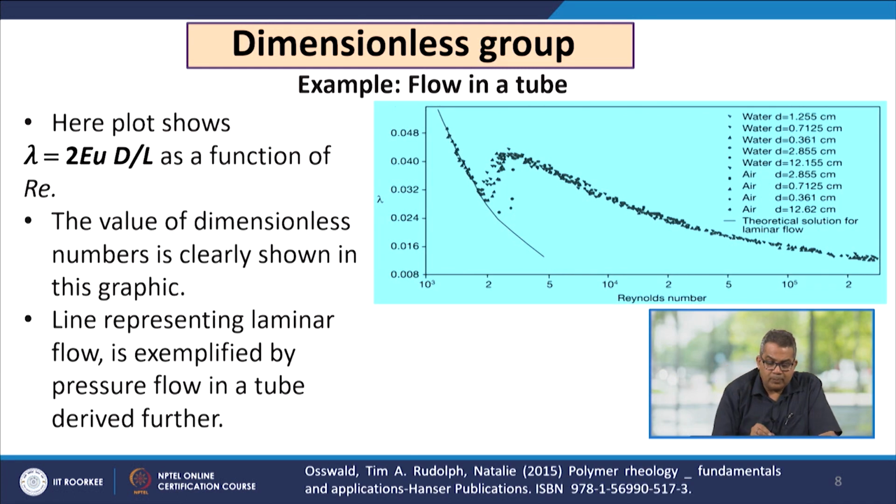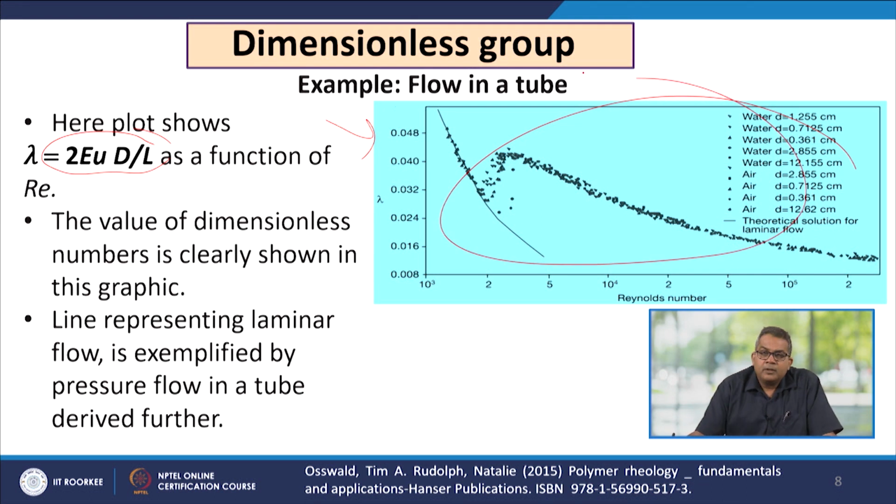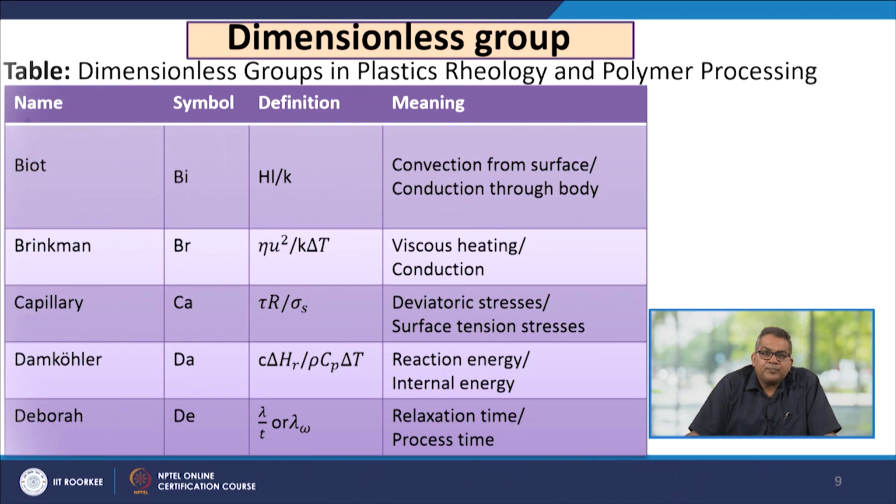This particular plot shows lambda equals 2 delta P D over rho U squared L as a function of Reynolds number. The value of the dimensionless number is clearly shown in this plot. The line representing laminar flow is exemplified by pressure flow in a tube, derived further.